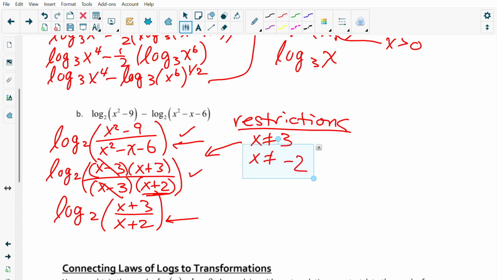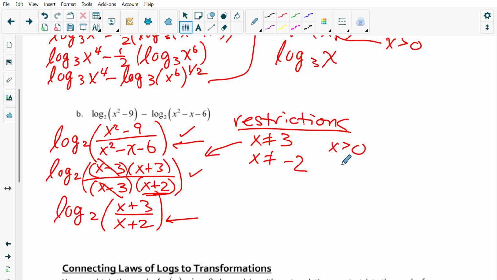Also, let's see, x must be greater than 0. Again, why? Because we can't have a negative argument. Otherwise, the logarithm doesn't calculate. It doesn't work, right?